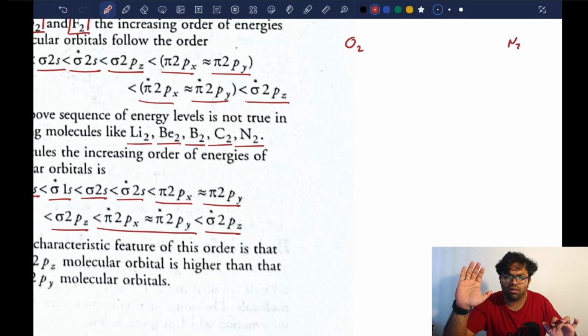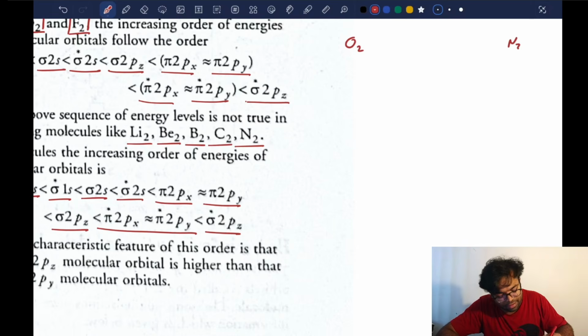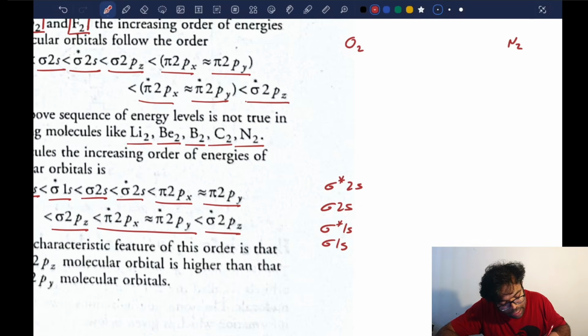Yeah. Okay, six. So this is how the arrangement is going to go. Sigma 1s, sigma star 1s, sigma 2s, sigma star 2s. Then you have the sigma 2pz.